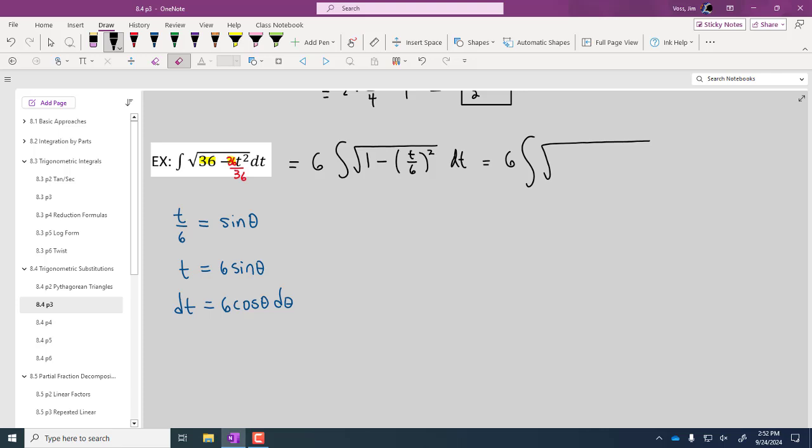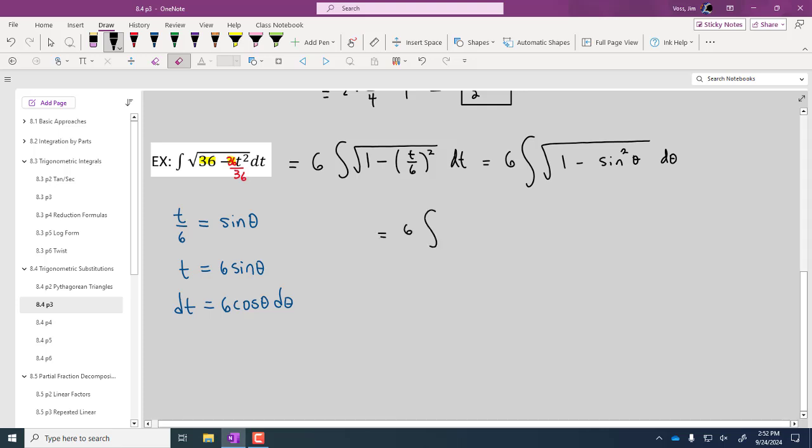And we end up with, again, 1 minus sine squared. And once again, 1 minus sine squared is an identity. So we have that.